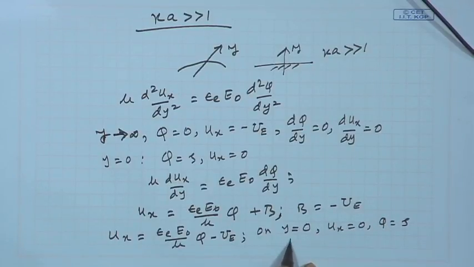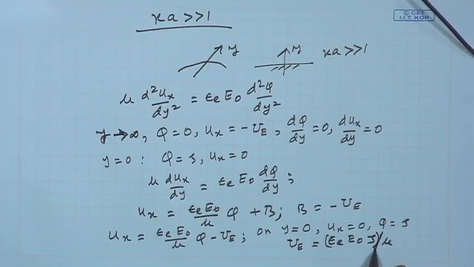So, this gives you ue equal to epsilon e0 zeta by mu, which is nothing but the Smoluchowski velocity.